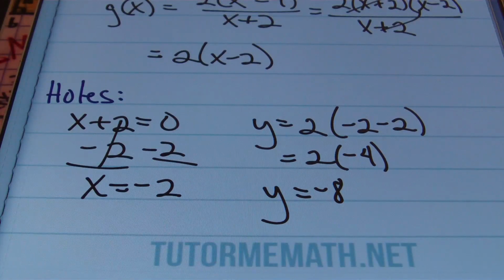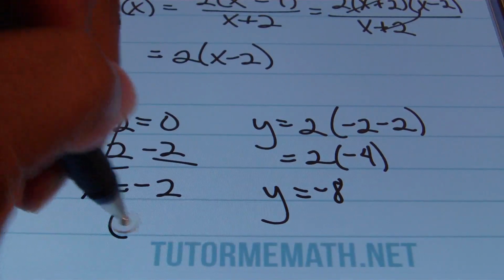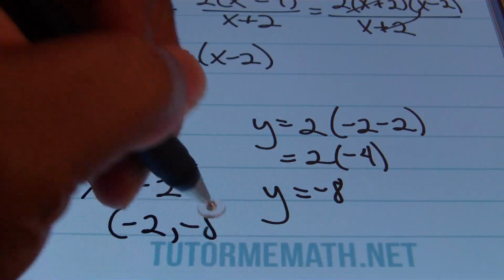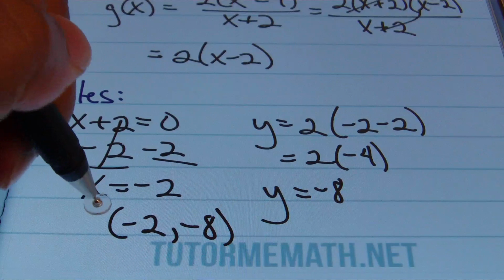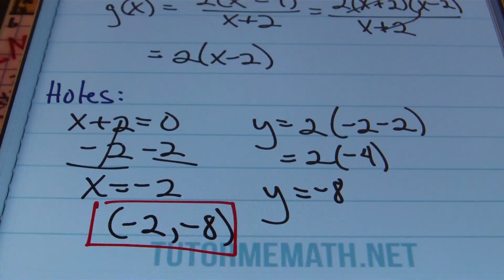Now that we have that, the ordered pair for our hole is negative 2, negative 8, and done. Red boxing it. That's right, put a red box around your answer. There we have it, ladies and gentlemen, the hole for problem number 5, and now we're going to graph it.